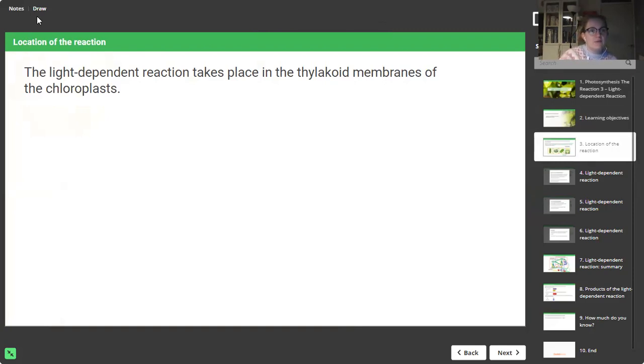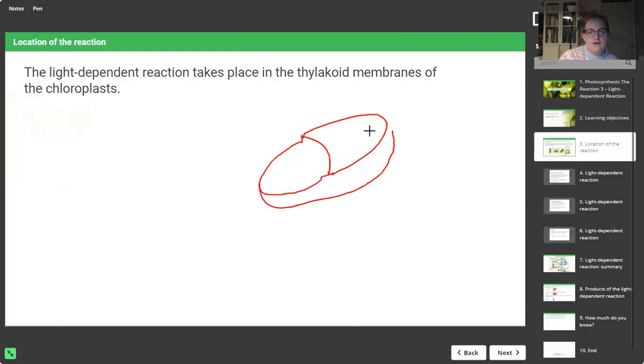If we think about the chloroplast really quickly, I'm going to draw one that's been cut open a bit. It looks a bit like this. This is my bad drawing of a chloroplast. And we have these stacks of thylakoids. A stack of thylakoids is called a granum.